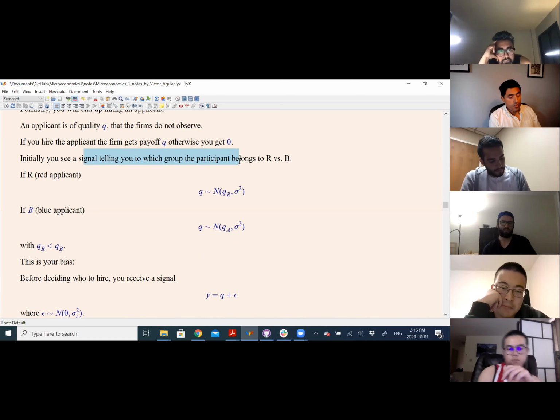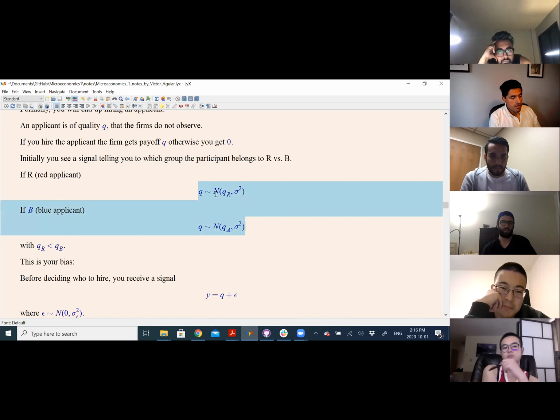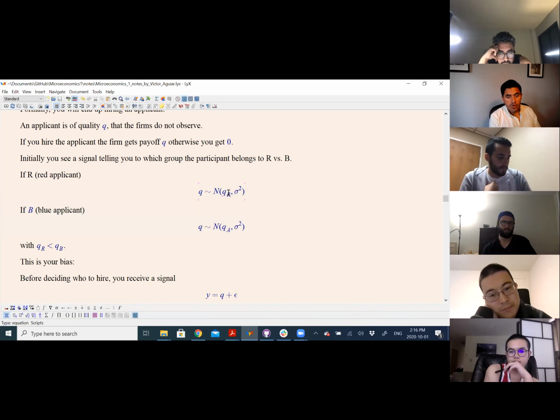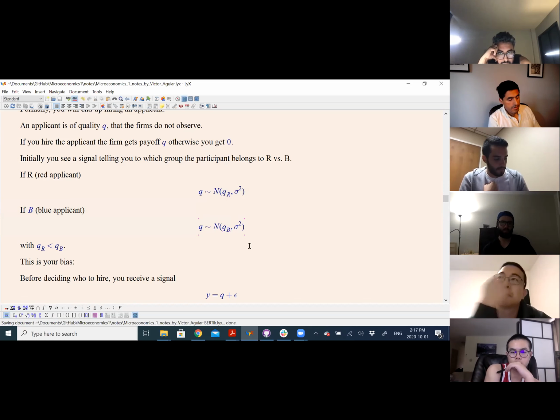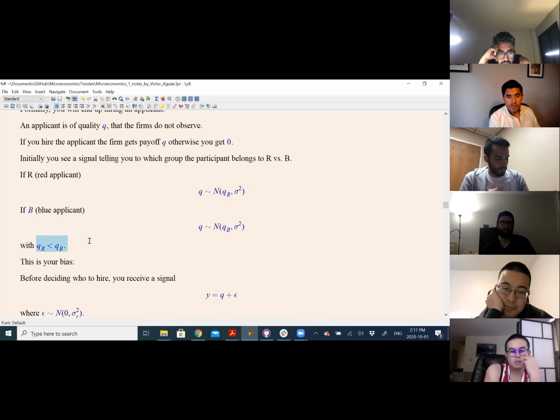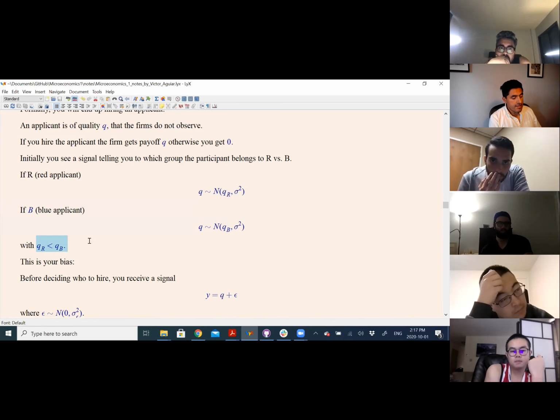So you know the group. Now, these are the beliefs of the firm. If you're a red applicant, you're distributed with mean QR and the same sigma as the blue participants, but the blue participants have a different mean. We're going to assume there is some bias ex ante, a priori, so QR is less than QB.